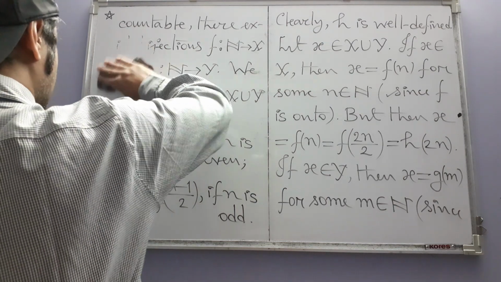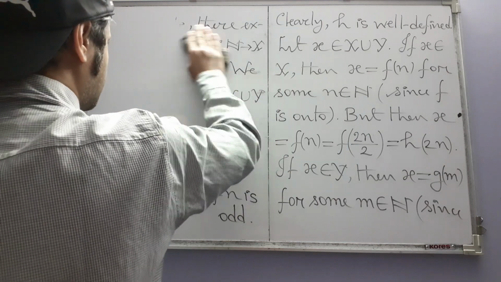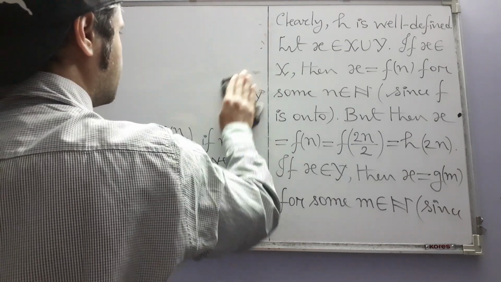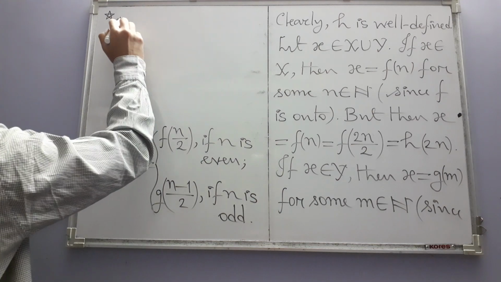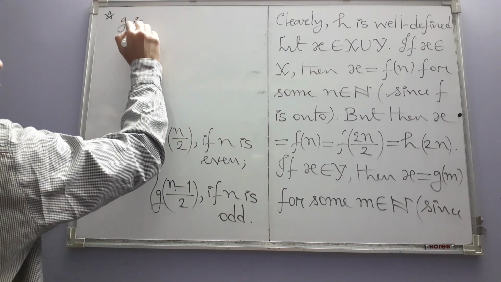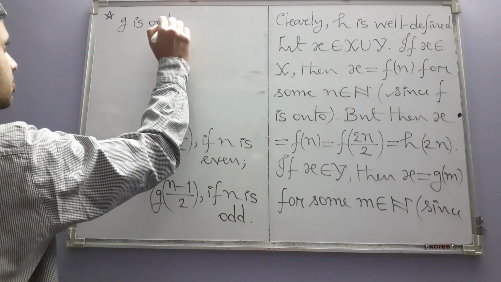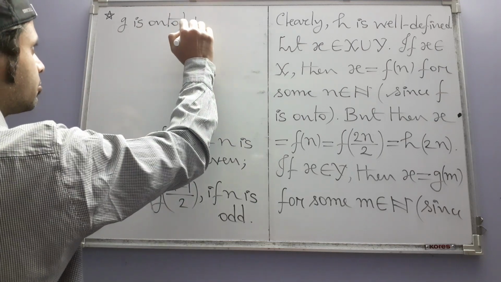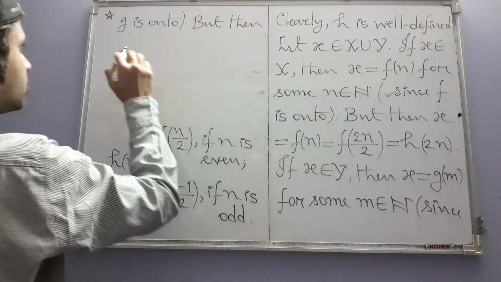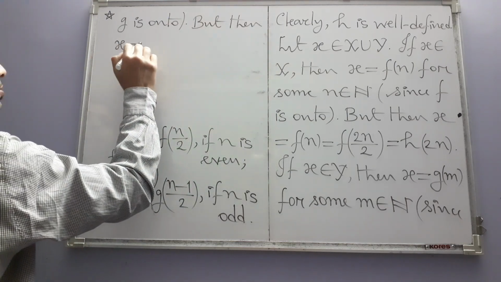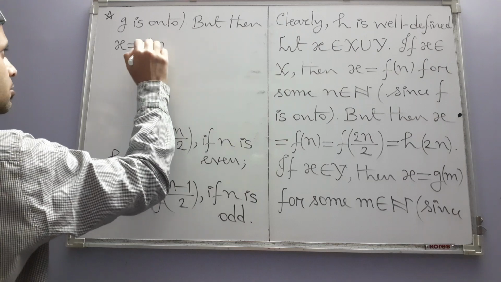Let me keep this function definition. Since g is onto, but then x is g of m.